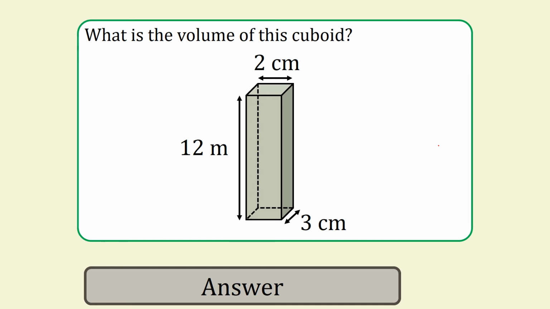By the way, let's say all those lengths are centimeters. Don't worry about the fact one says meters. That's a bit tricky. Take it as all centimeters, because if that one was meters, it would be 1,200 centimeters.